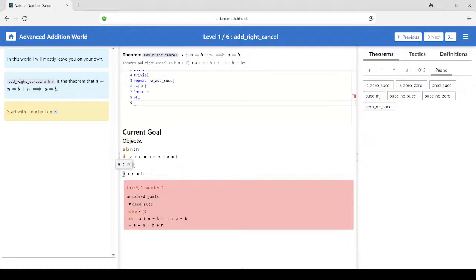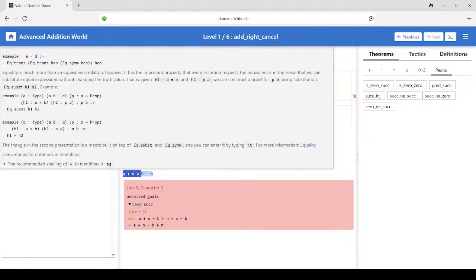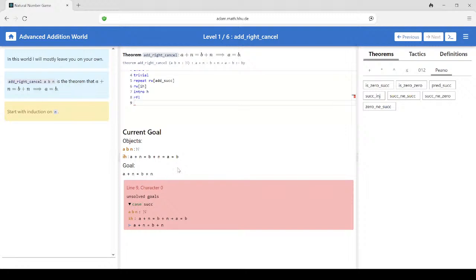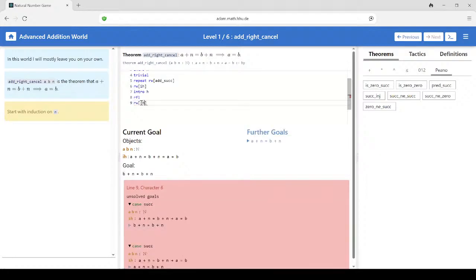We want to prove that a plus n equals b plus n. And we have a plus n equals b plus n implies that a equals b. So when I try to rewrite it using this, I can do that.